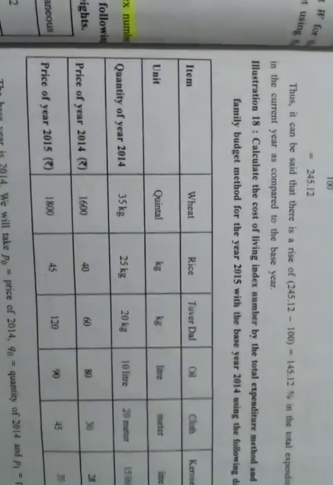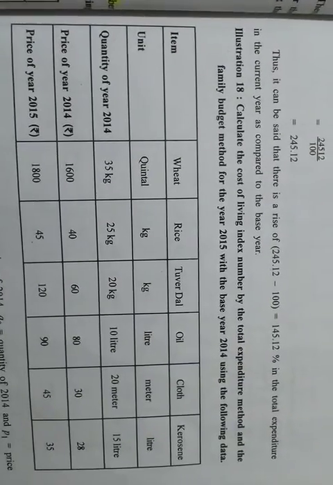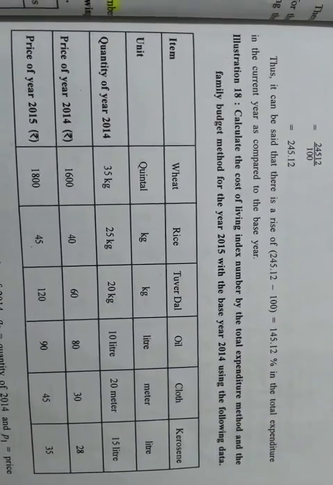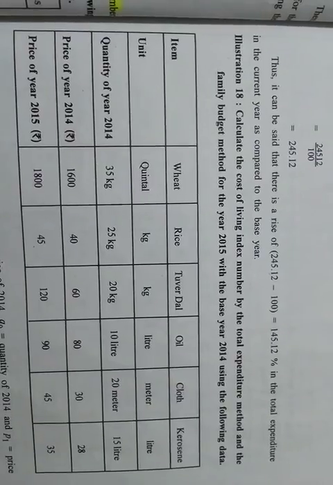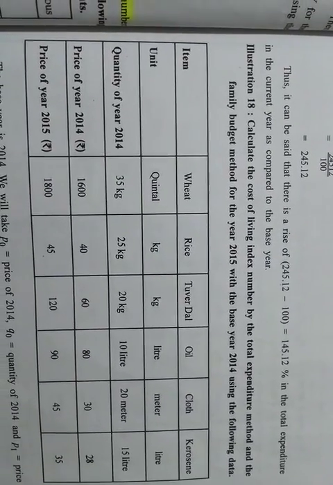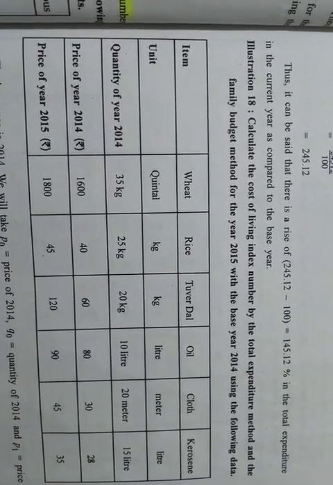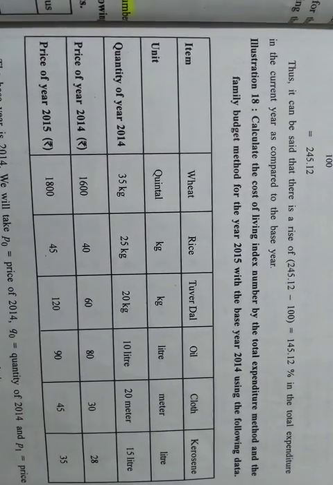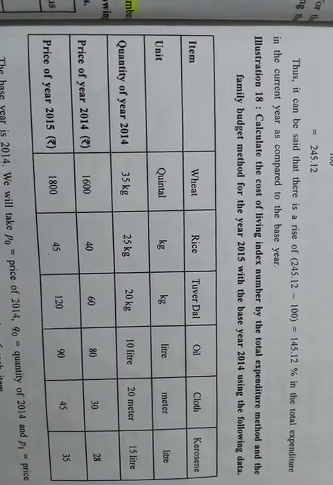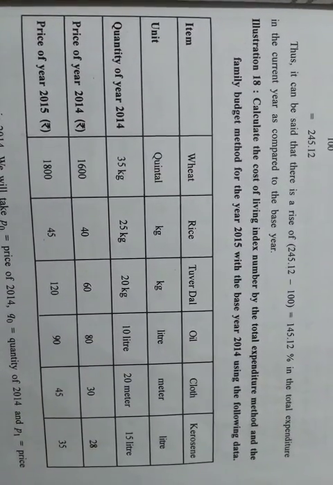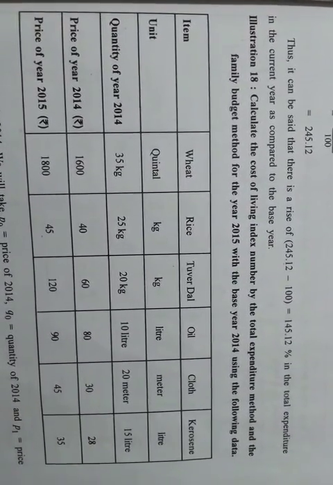Now continuing with the next illustration, calculate the cost of living index number by the total expenditure method and the family budget method for 2015 with the base year 2014 using the following data: item, unit, quantity, price, and price in 2015. Items are wheat, rice, tur dal, oil, cloth and kerosene.